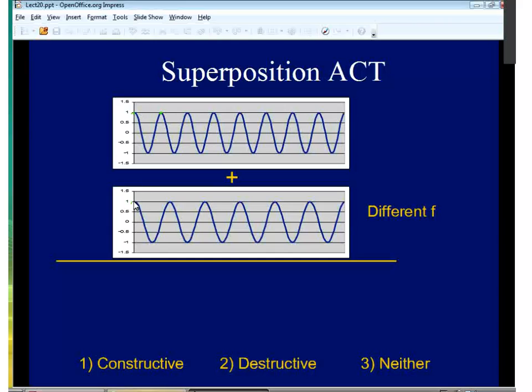Below this, yes, fine, that's great. But below that, is there maximum support? No. So it doesn't work. So you have to have the same frequency for interference to work. Superposition will always work, same frequency or different frequency.